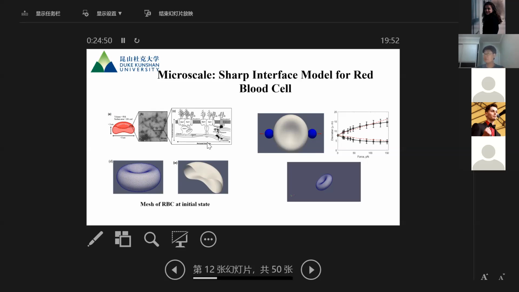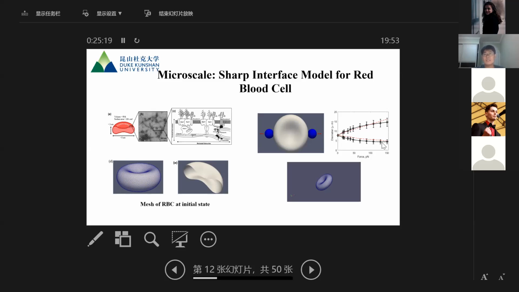During the experiment, this is my red blood cell. They had two optical tethers, in blue, and then stretched to the two opposite directions. These black symbols are the experimental data showing the diameters along the long axis and along the short axis.